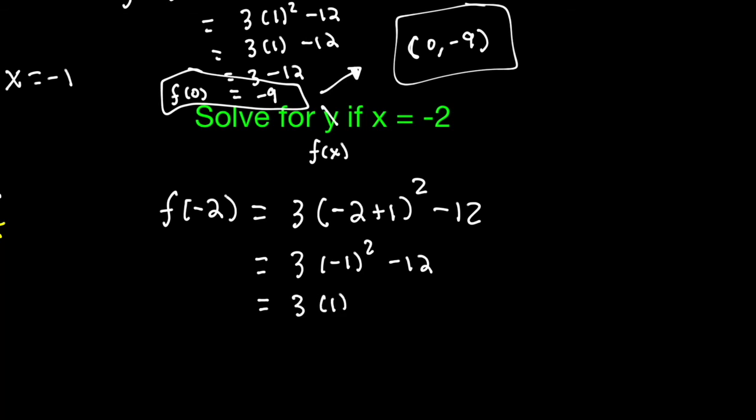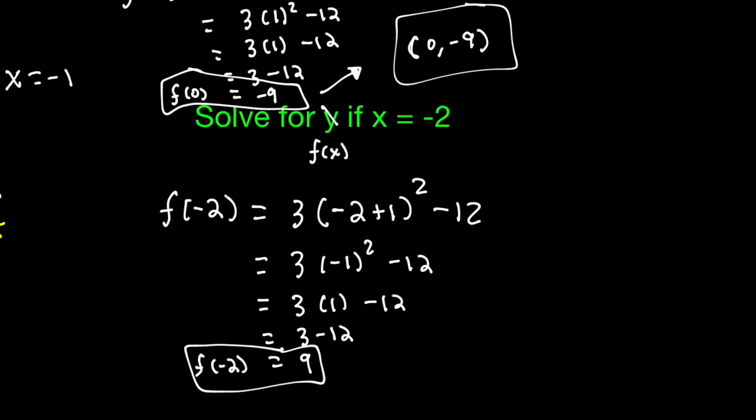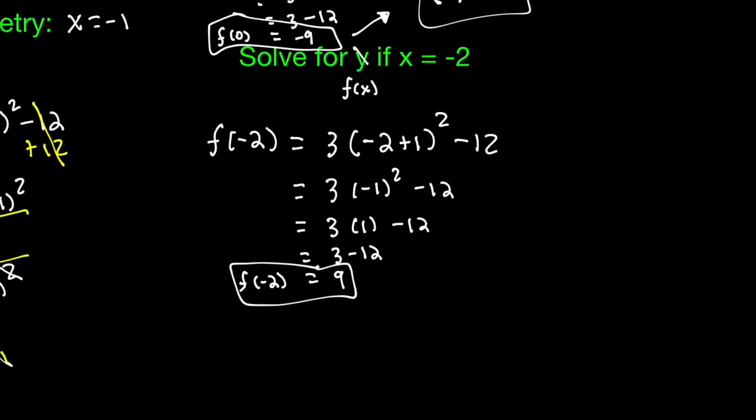And here I have 3 times 1 minus 12. Now we've got to do the multiplication. 3 times 1 is 3. And if we subtract 12, we get negative 9. So f of negative 2 is going to equal negative 9. And if we write that as a coordinate, we have negative 2, negative 9.